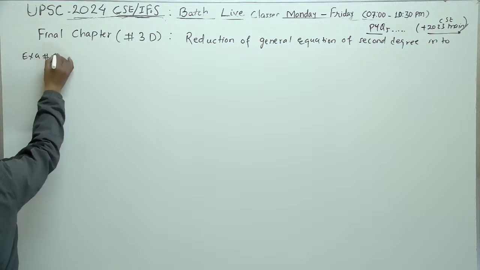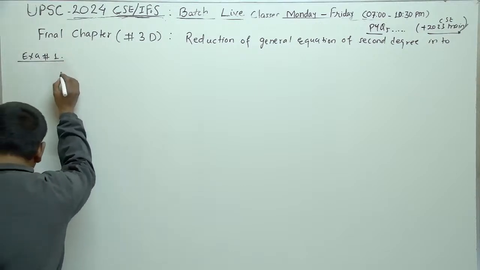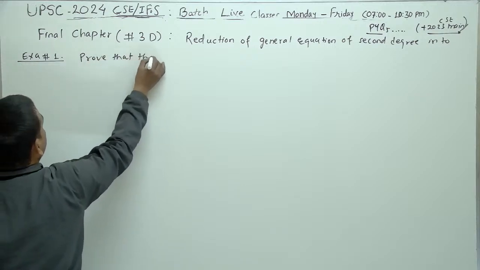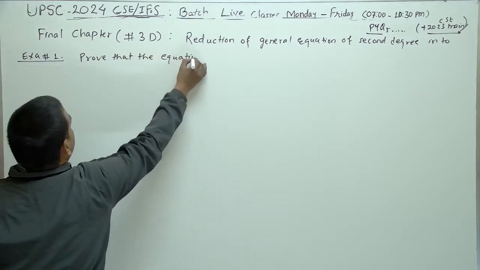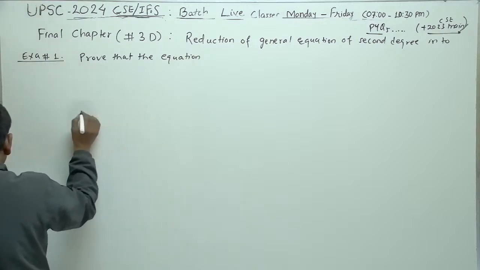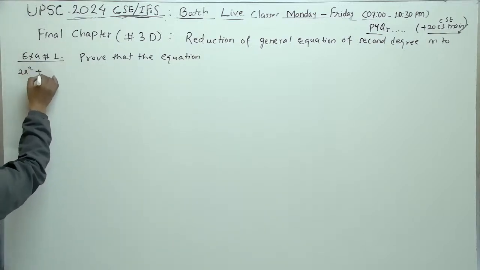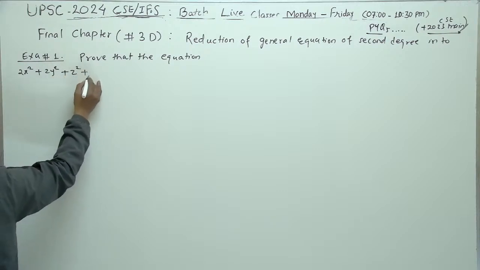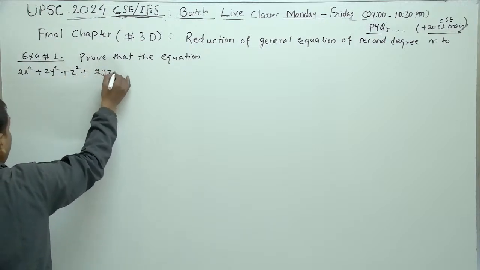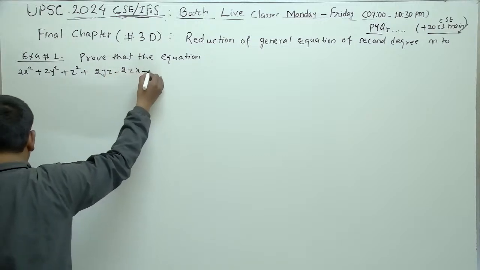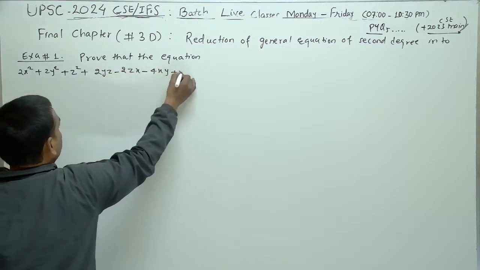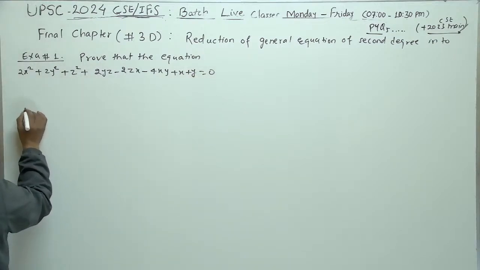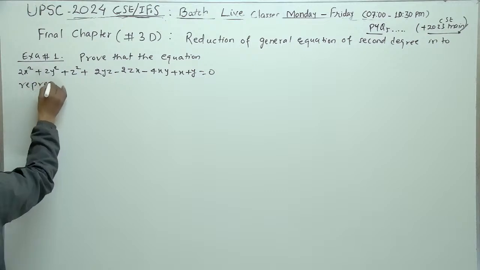So let's take an example here. Example 1. What is the question? Prove that the equation 2x square plus 2y square plus z square plus 2yz minus 2zx minus 4xy plus x plus y equals 0 represents an elliptic paraboloid.